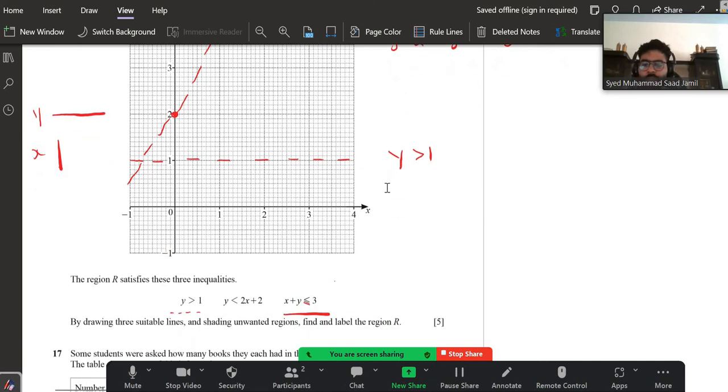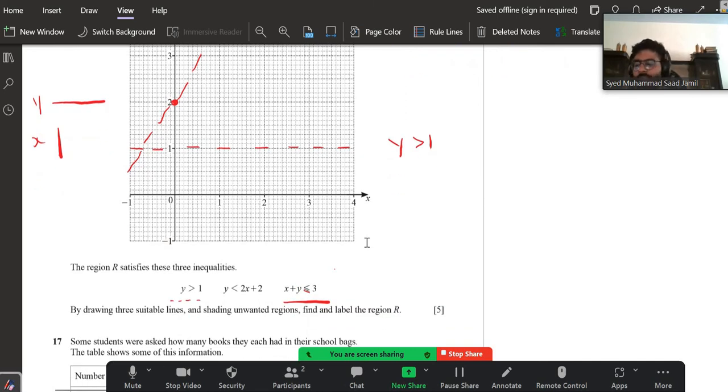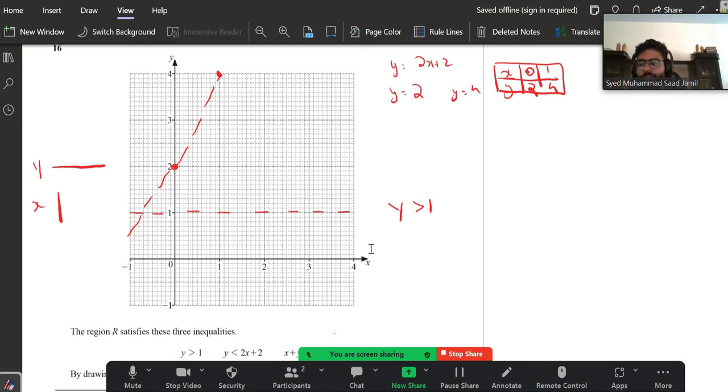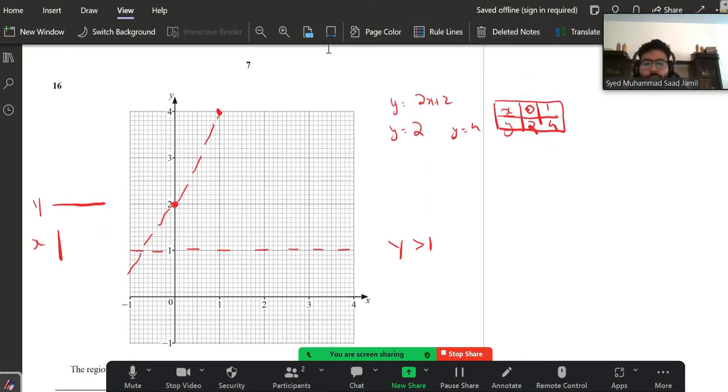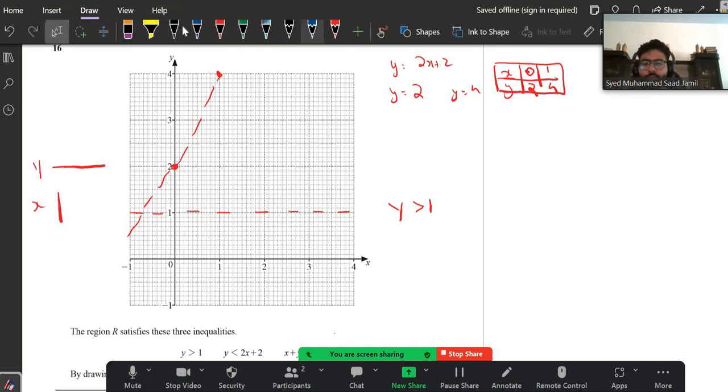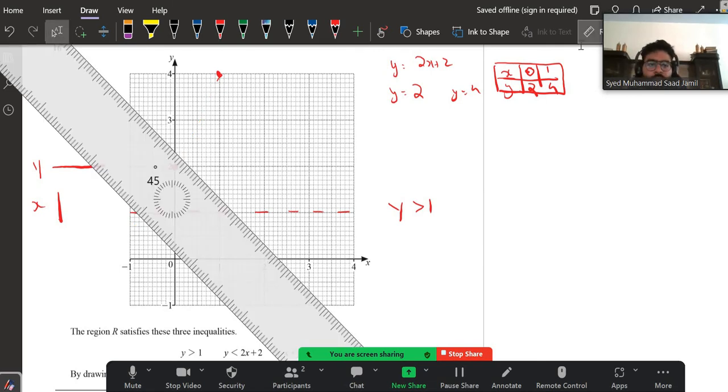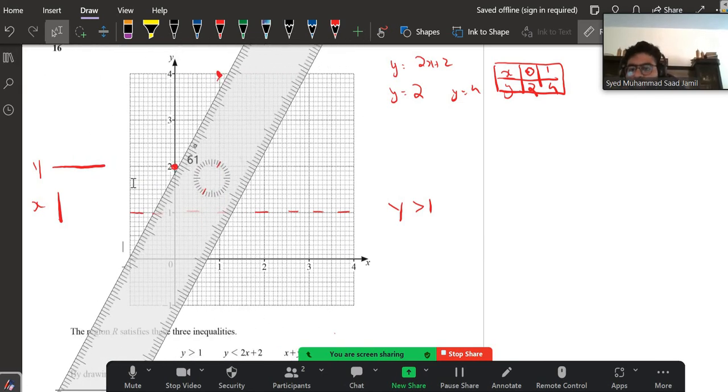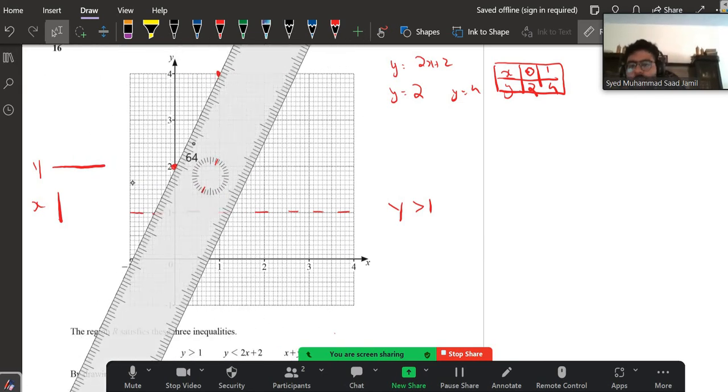Secondly, the third equation is x plus y is less than or equal to 3. So basically both the lines will intersect at 3. I have a ruler over here, so I'll use the ruler. That would make my work neat, tidy and clean. Let me just erase these lines. Here is the ruler. Yeah, this is good. Make the line like this.